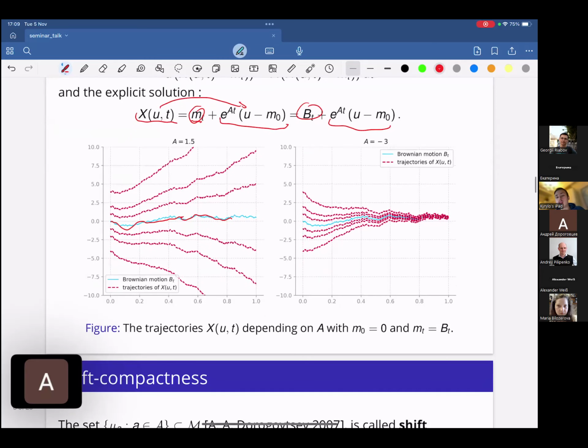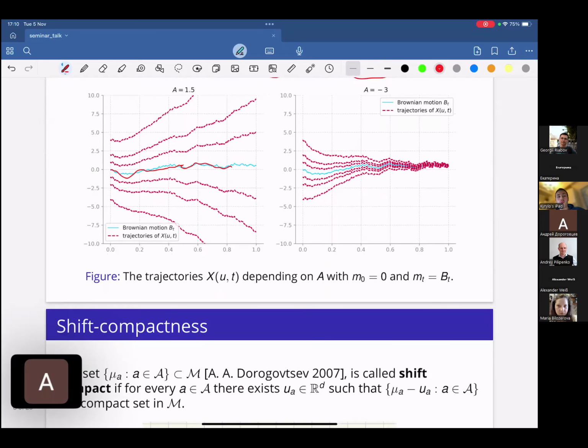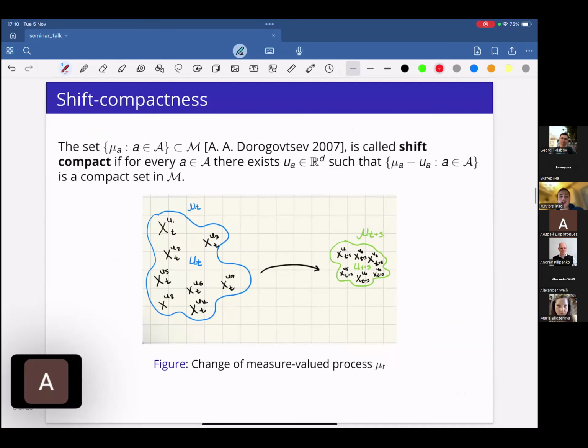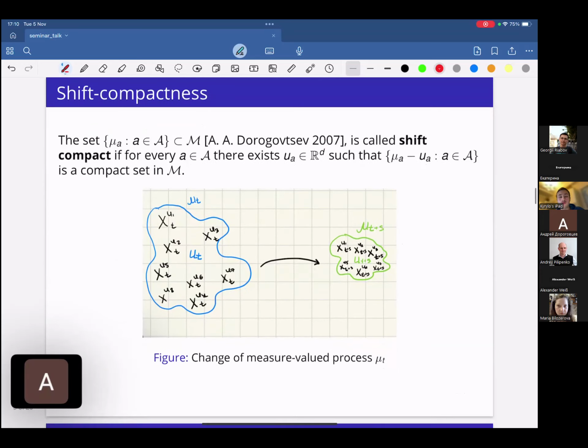This example was illustrative in the sense that we want to understand how the measure mu t changes over time. There is a notion of shift compactness that was introduced by Andrei Anatolyevich Dragovtsev in 2007, and we consider a set of measures.